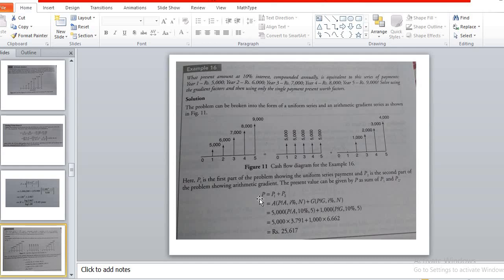So the present value P, we can calculate as P1 plus P2.